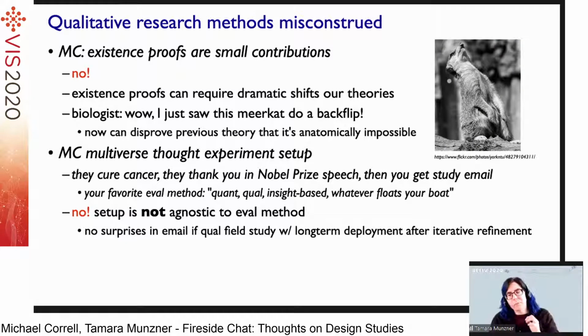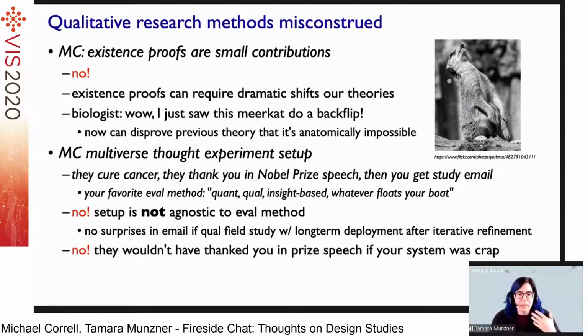There should be no surprises in that email if you actually did a qualitative field study where you've been deploying it long-term. All along, you've been seeing how they've responded. You've been iteratively refining it to actually be better. So there's no shocks there. So that whole premise doesn't really work. And also, why would they have thanked you in their Nobel Prize speech if your system was complete crap? So that really does rule out like half the scenarios.